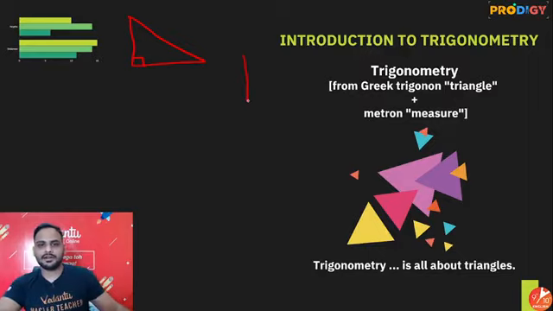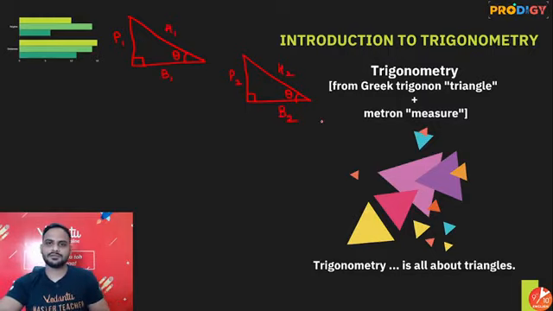Now what I did is, if I have two right angle triangles in which this angle is fixed, let's say this is the perpendicular of this triangle, this is the base of this triangle, and this is the hypotenuse. This is the hypotenuse of the second triangle, this is the perpendicular of the second triangle, this is the base of the second triangle.